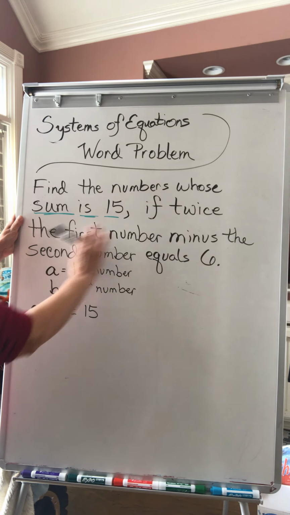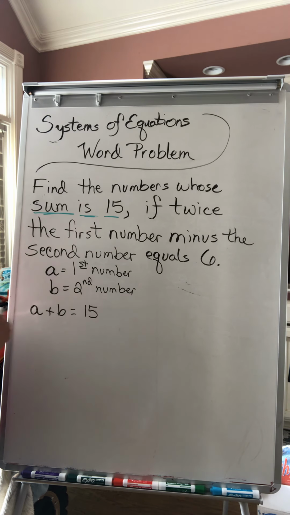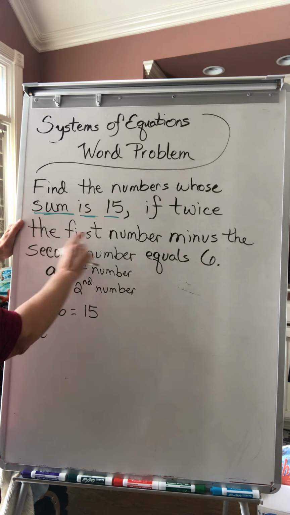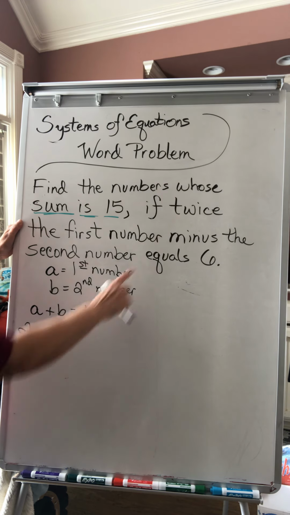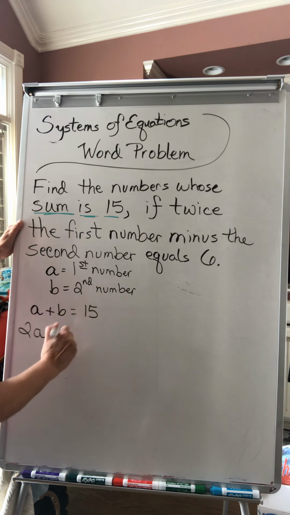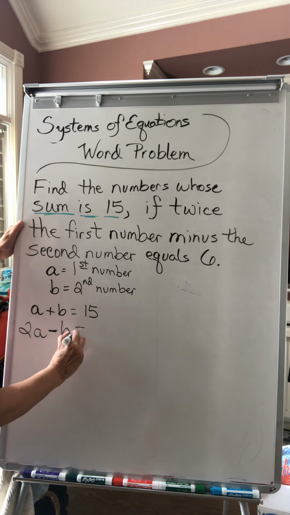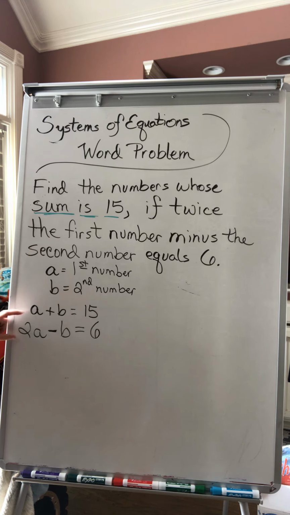If twice the first number, that's going to be 2 times A, or 2A, right? Twice the first number minus the second number equals 6. All right then, we have two equations.